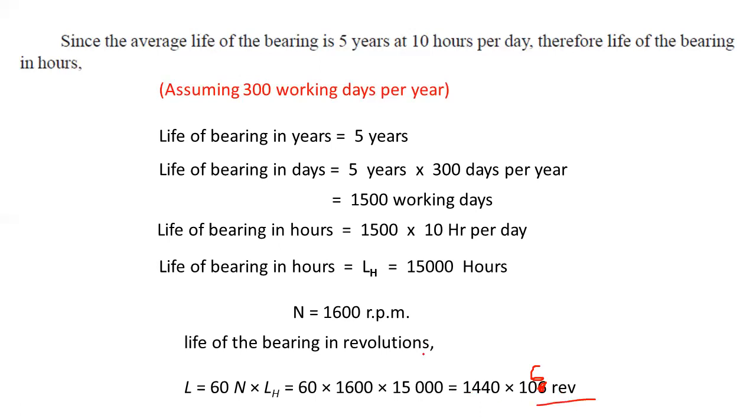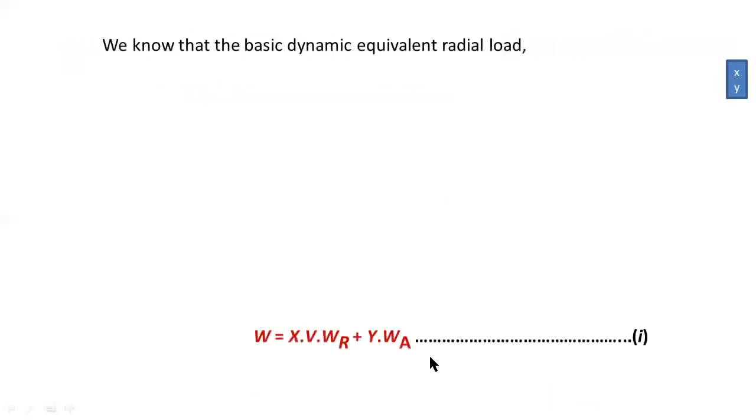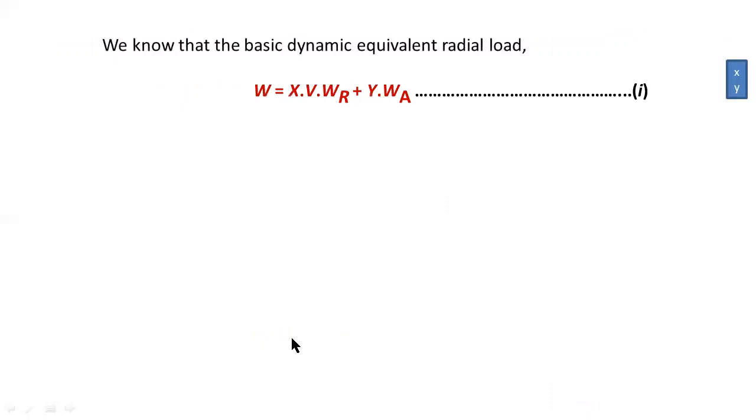Then after, you have to find the value of radial load factor and axial load factor. This is the formula for dynamic equivalent load, W equal to X into V into WR plus Y into WA.